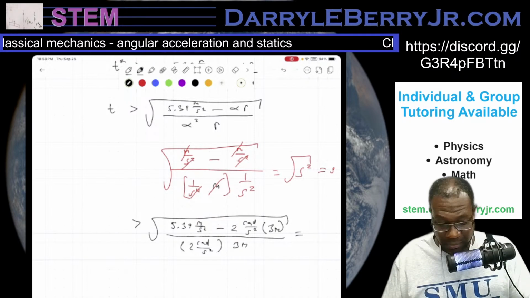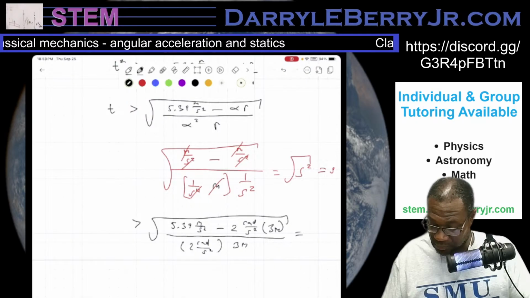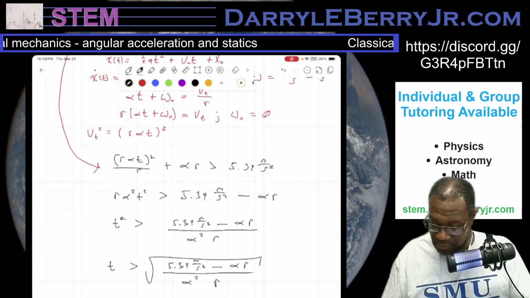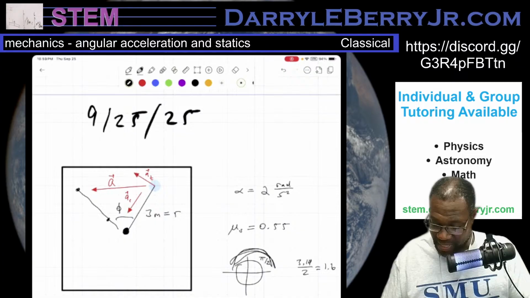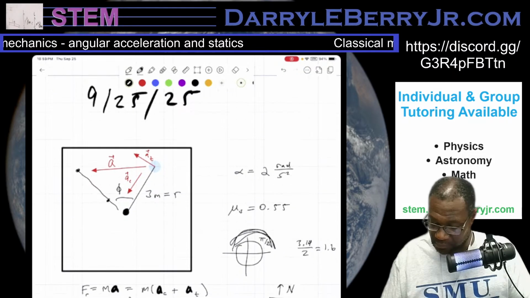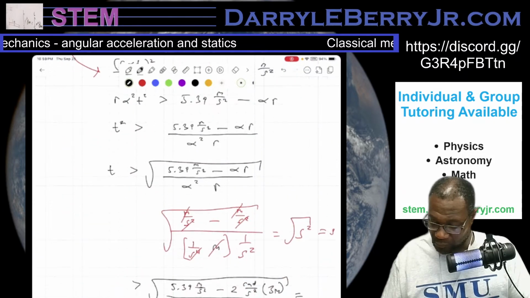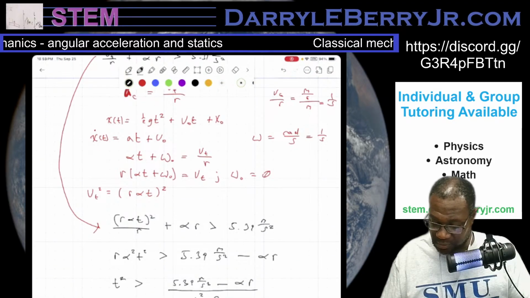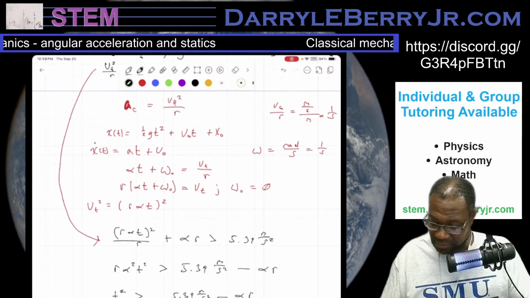And let me see. So I think maybe I just gave it bad values. So I'm seeing a negative there, which it shouldn't be. So let's see what else I may have done here.